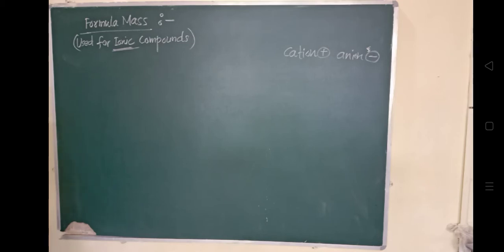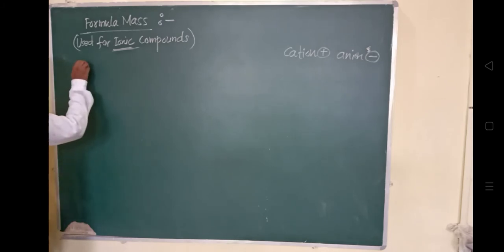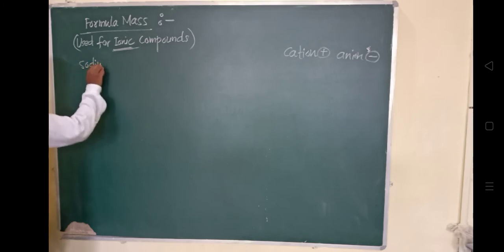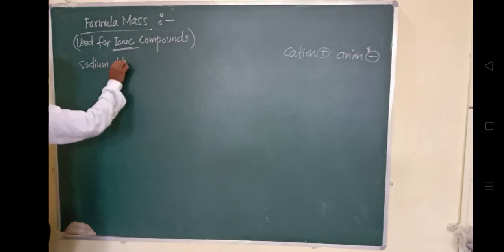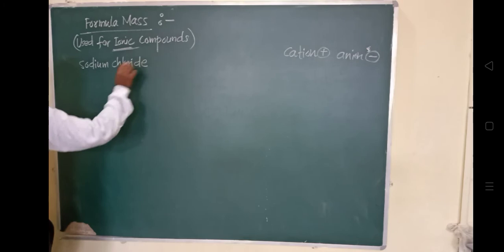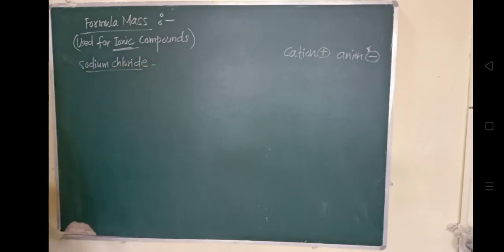So we can take the example of sodium chloride, which does not contain a discrete molecule. Sodium chloride is not a discrete molecule, वो molecule नहीं है. So what is it then?